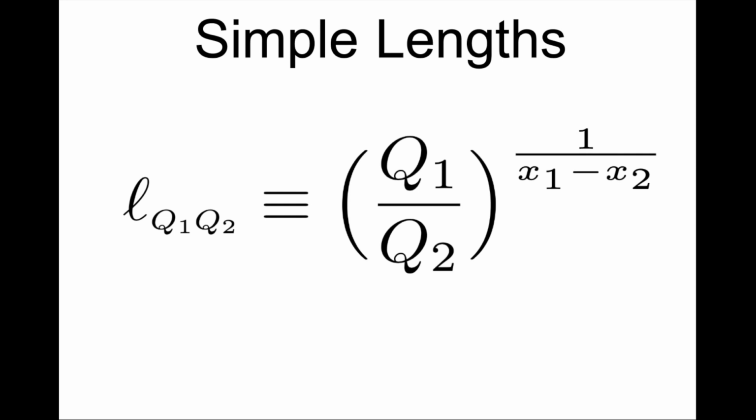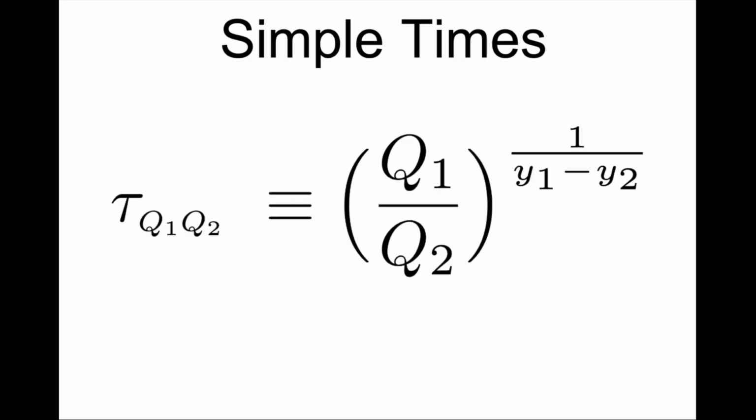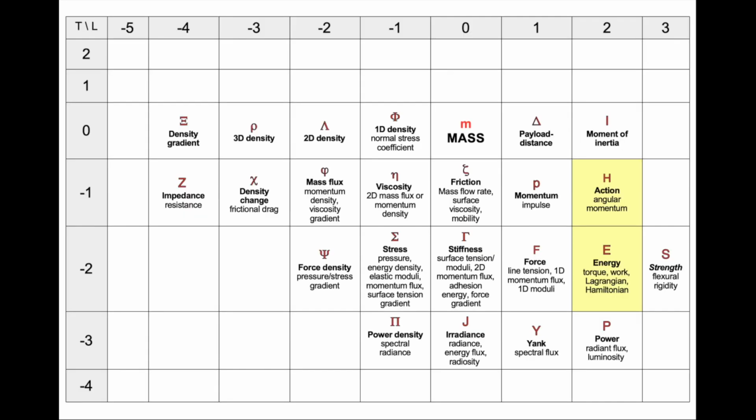In the last episode, we discussed the relationships between mechanical quantities on the same column, like action, energy, and power. We saw that ratios of mechanical quantities on the same column produce simple times, which provide a mechanical understanding for durations, periods, frequencies, and rates. In particular, we mentioned the ratio of action and energy, dear to quantum mechanics, the ratio of energy and power, which dictates how long you can drive on a full tank, as well as the life expectancy of the sun.